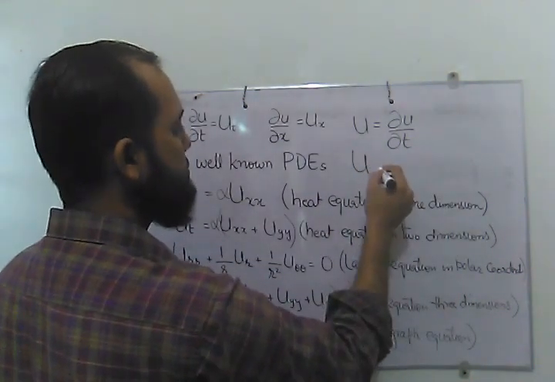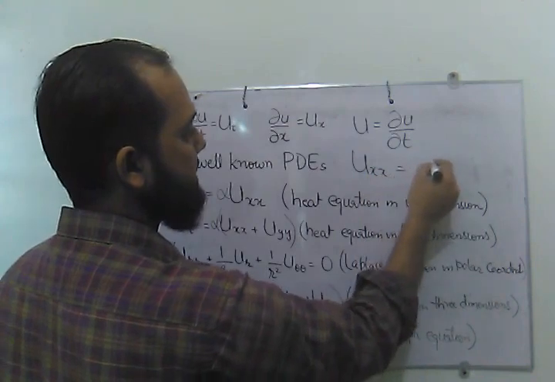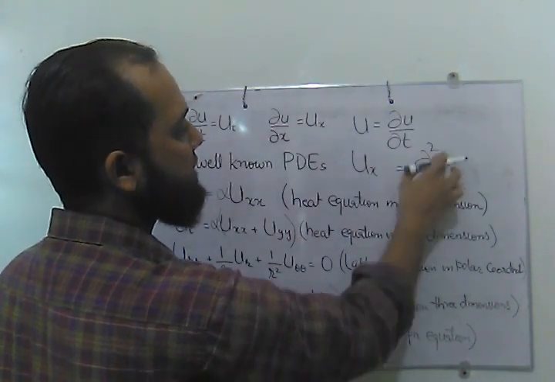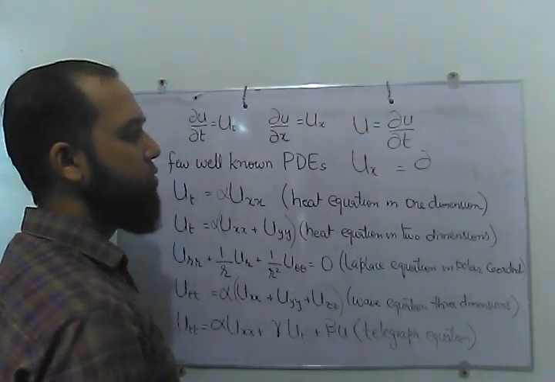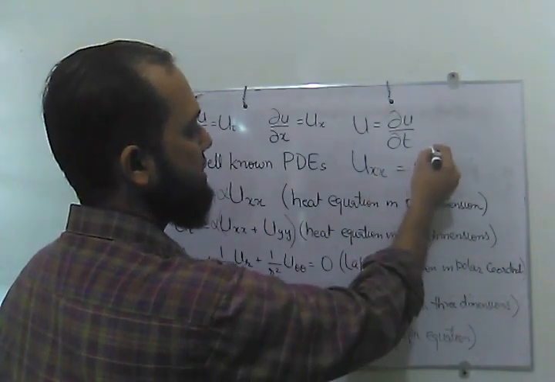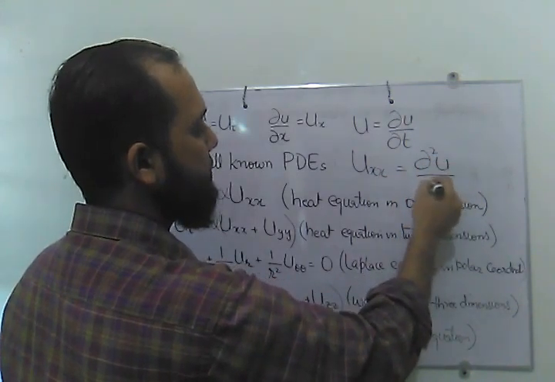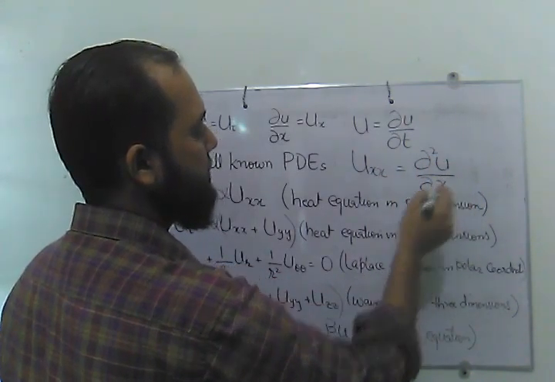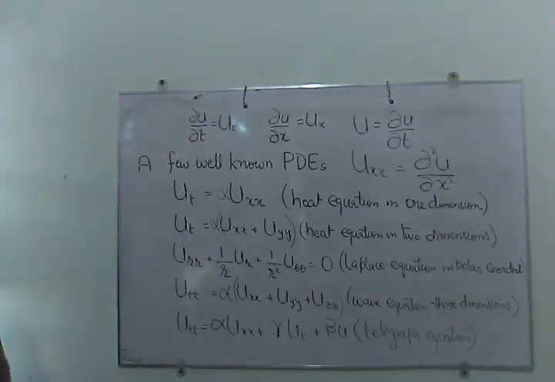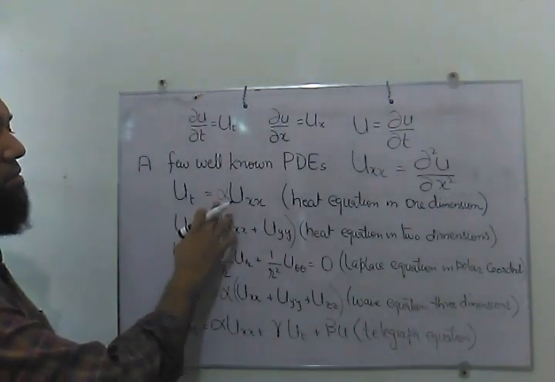So u_xx is basically the second derivative, because there are two x's. If there is a single x, there would be no power, but if it is xx, it is differentiated with respect to x twice. Alpha is a constant.